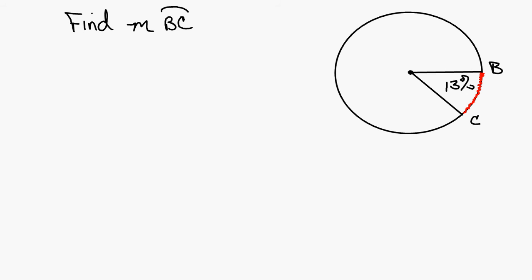So the measure of arc BC is going to be equal to 0.13 times 360, right? What's 13% of 360? 46.8? Thank you. 46.8. Now look, that's degrees. That's the answer. That's the measure of arc BC. This arc BC right here is given in degrees.